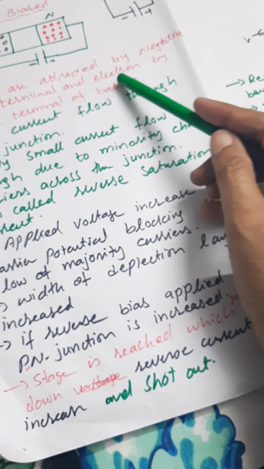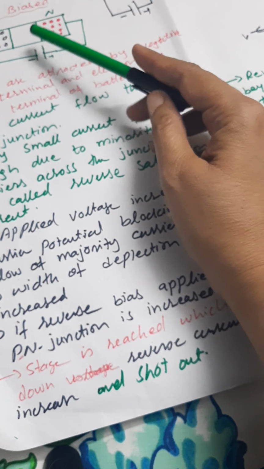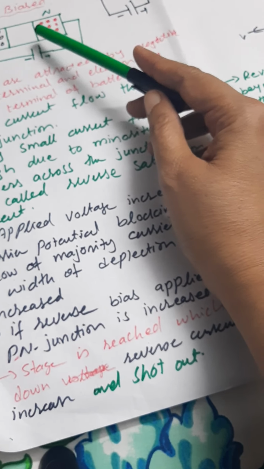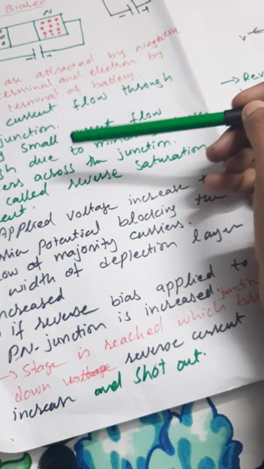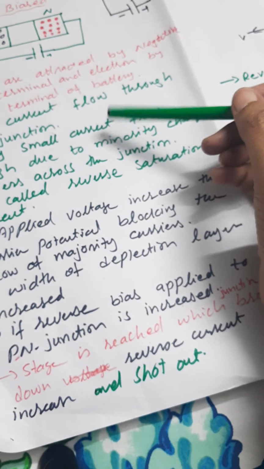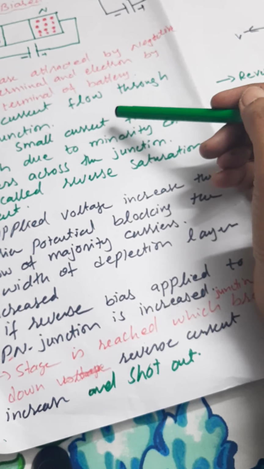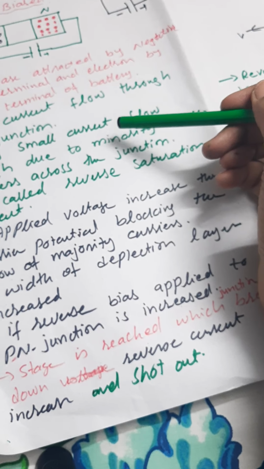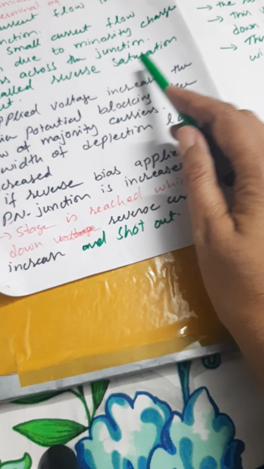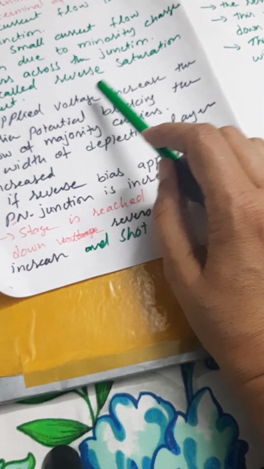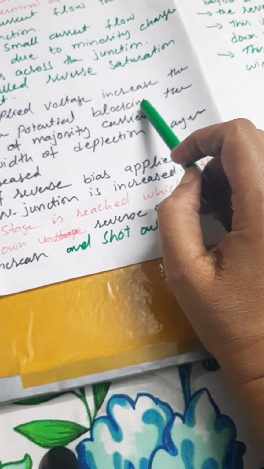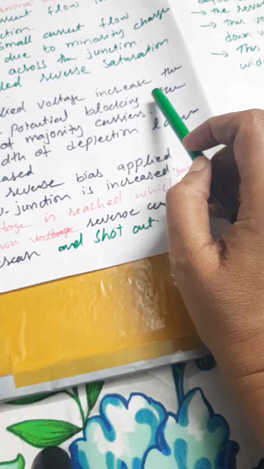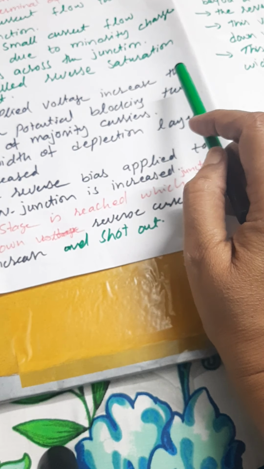No current flows; the depletion region and potential barrier increase. Only a small current flows due to minority charge carriers across the junction, called the reverse saturation current.